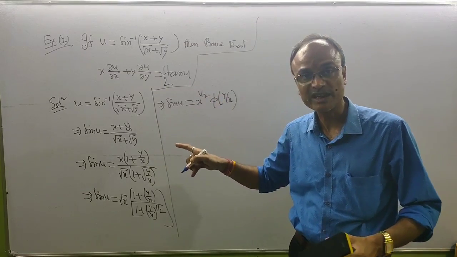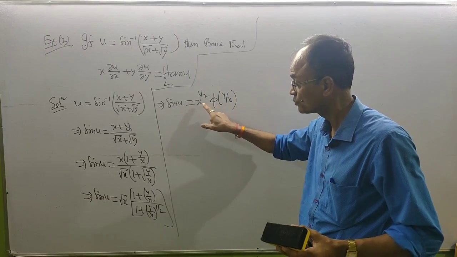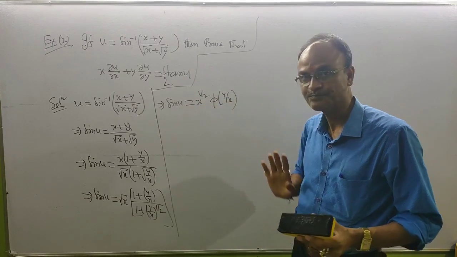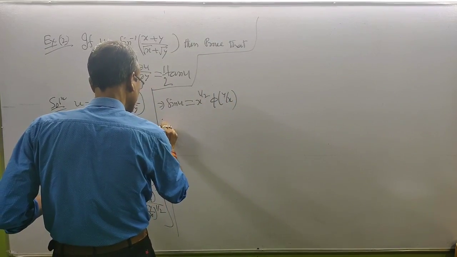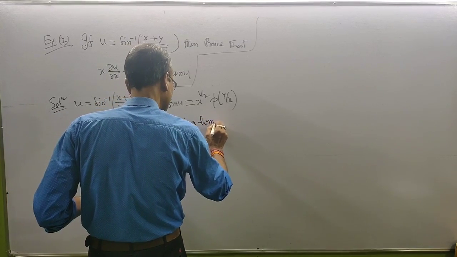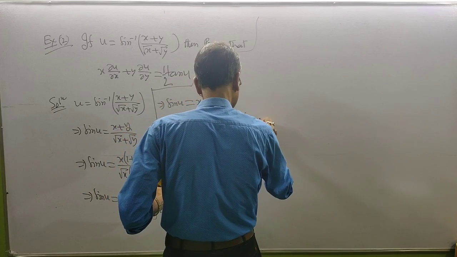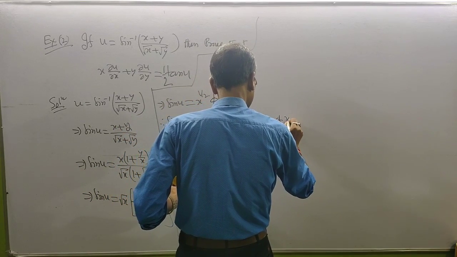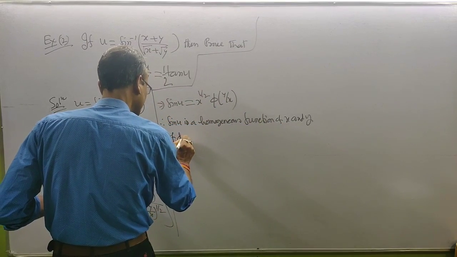Thus, by definition of homogeneous function, sin u is a homogeneous function of x and y of degree 1 by 2. Therefore, sin u is a homogeneous function of x and y of degree half.